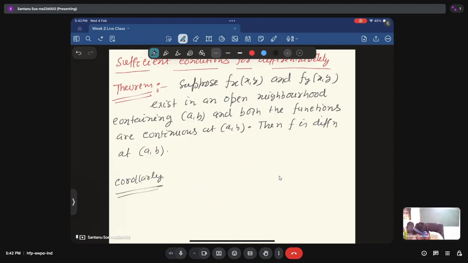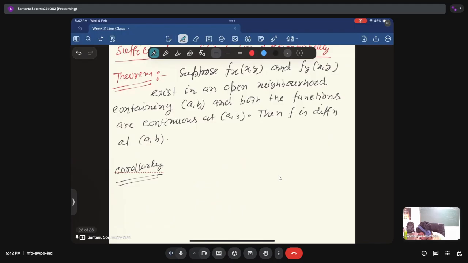Now, not only that, we can say more, and we can give another corollary, and it says that the above theorem still holds if fy is continuous and fx just exists at (a,b).